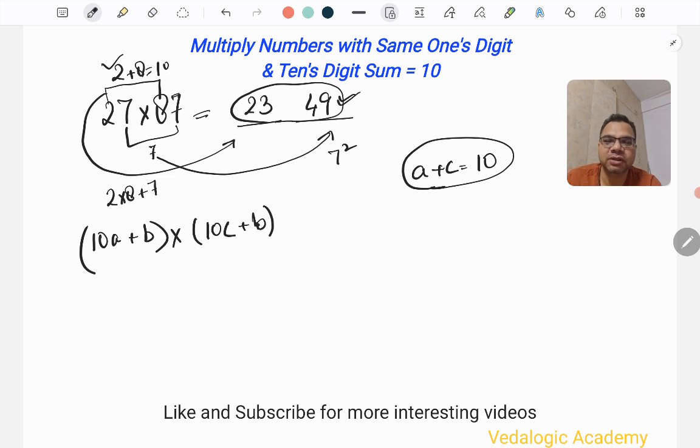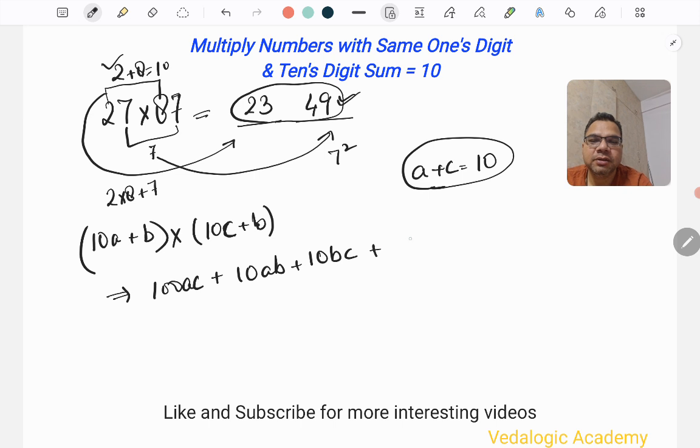So this is the scenario for us. Let's multiply them and see what happens. 10A into 10C is 100AC plus 10AB plus 10BC plus B square. B square you have already seen here, but we'll see why.